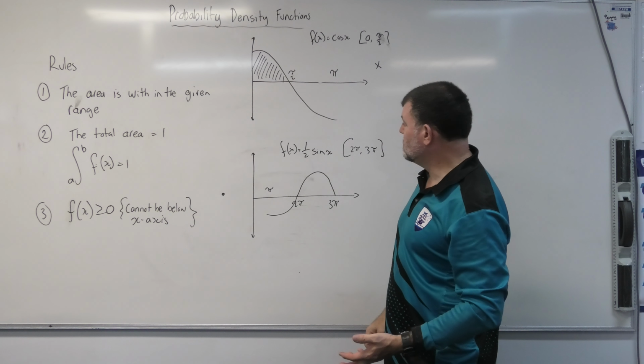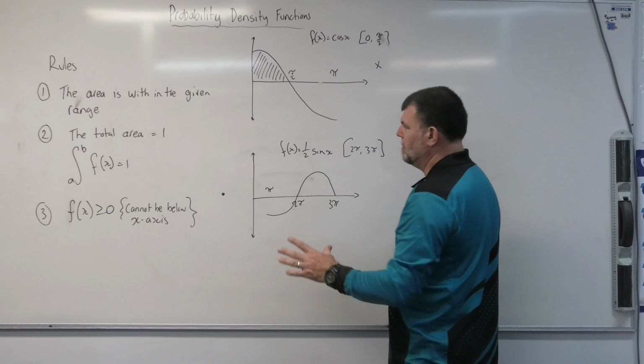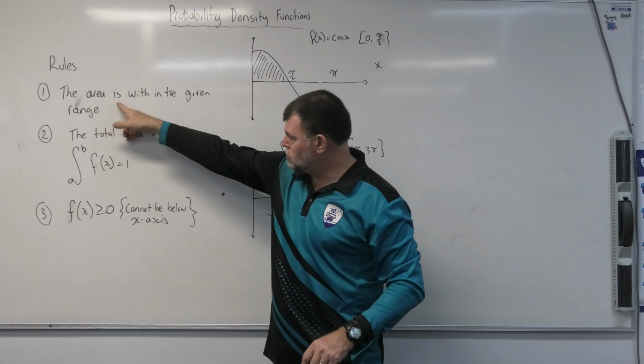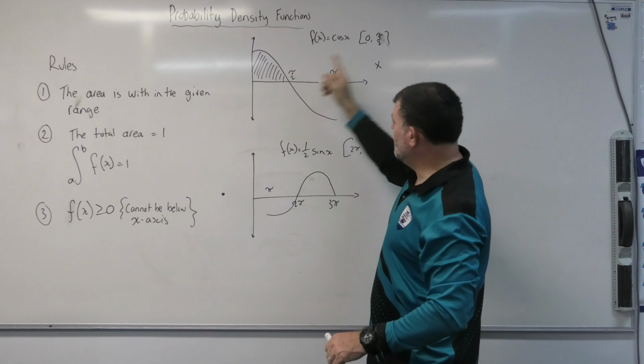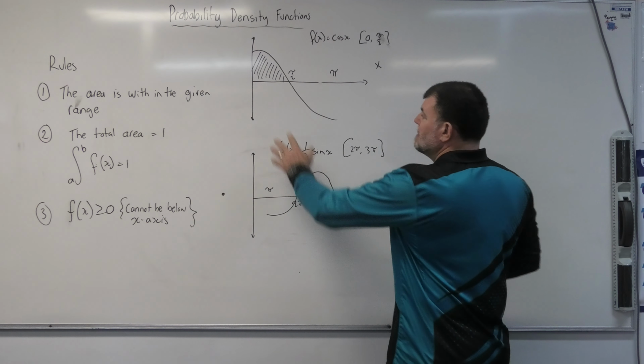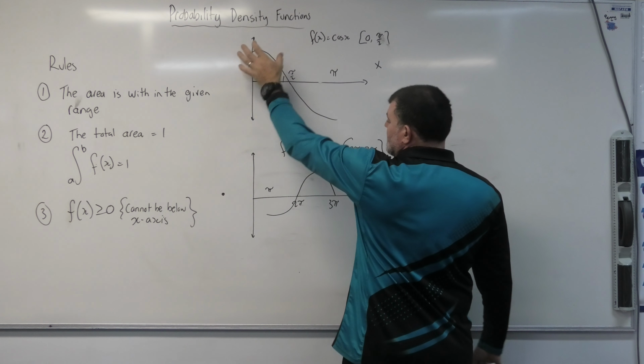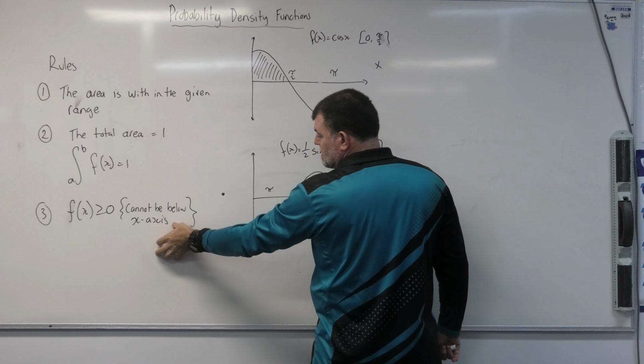We're not going to do the maths on this one, we'll do the maths on the second one, but this would now satisfy the first rule, the area within that given range. None of this is below the x-axis now, it's above the x-axis, so it satisfies the third rule.